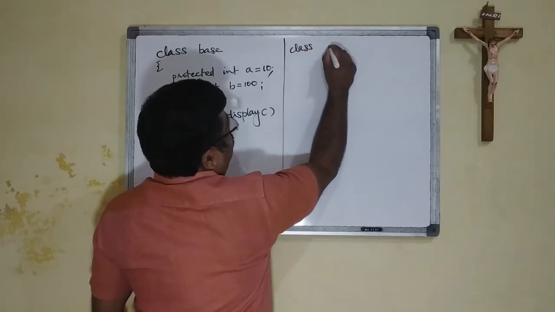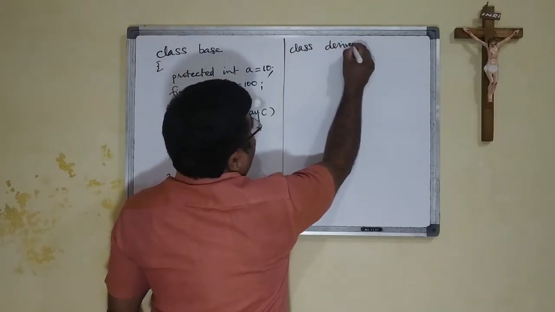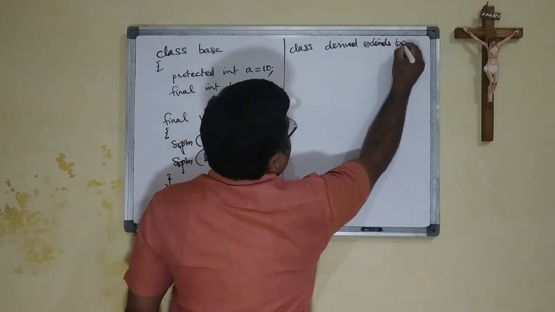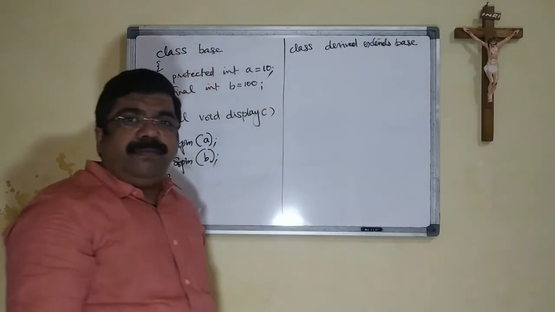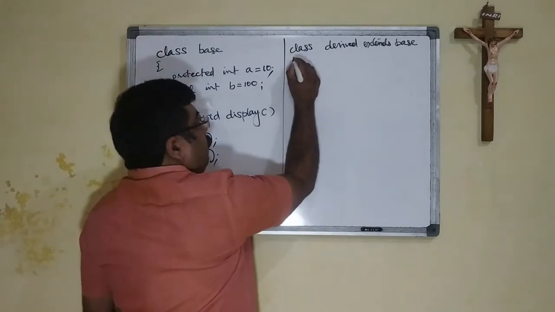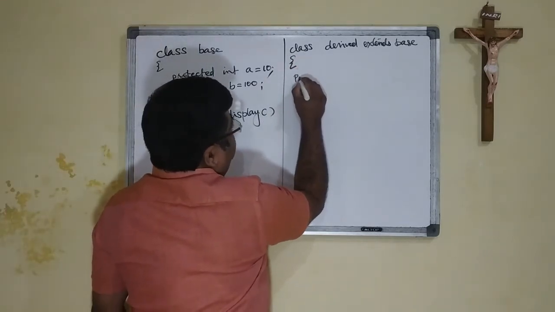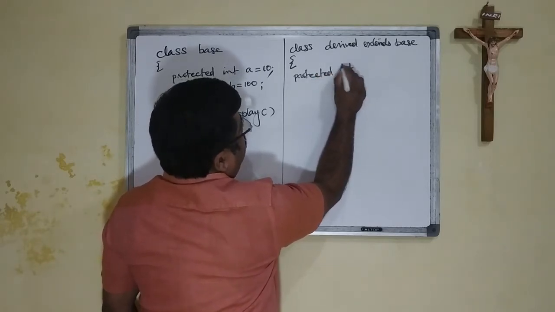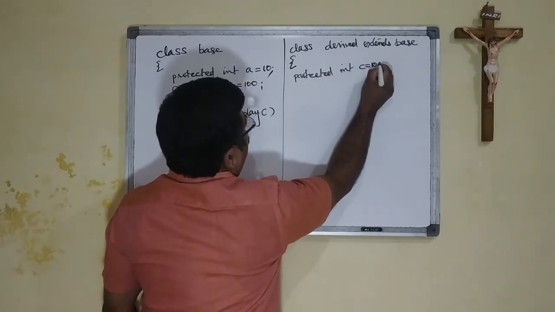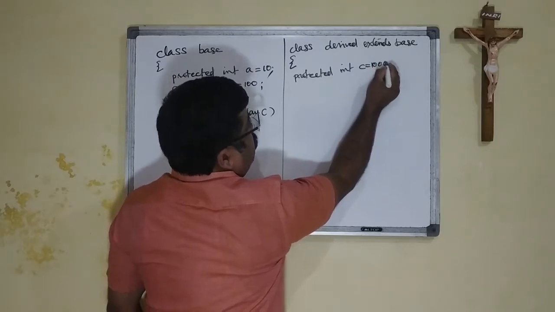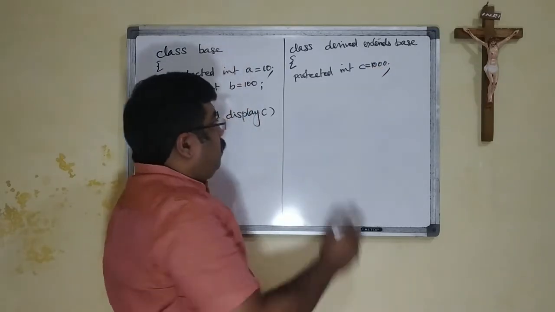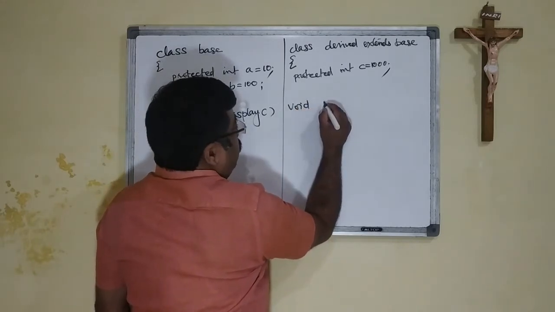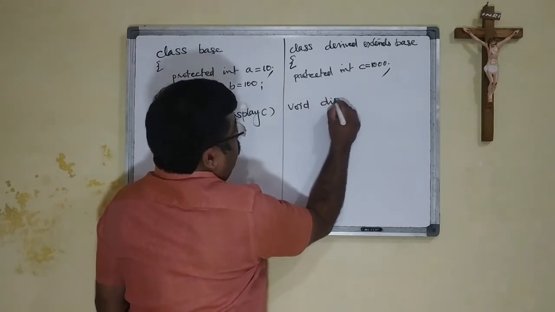Class derived extends base. We declare another variable, protected int c is equal to 1000. We are writing void display.